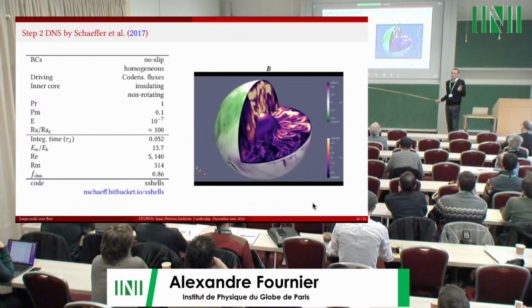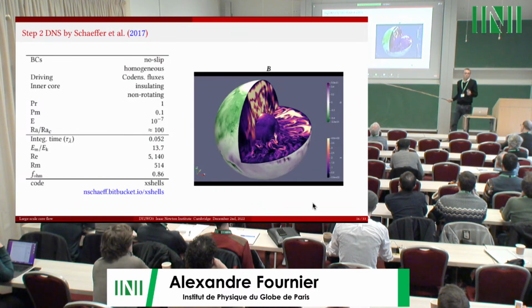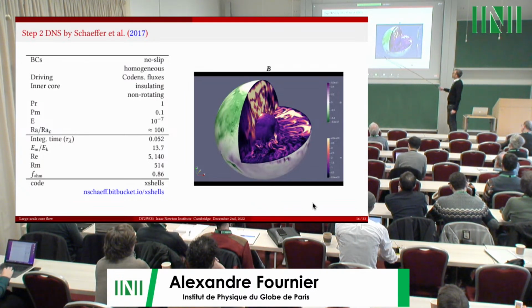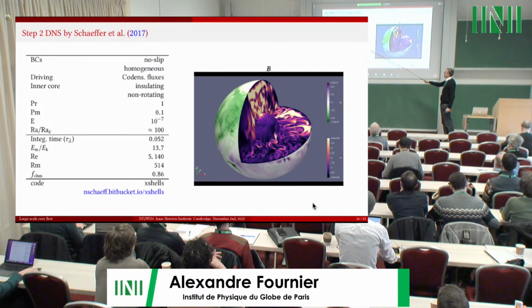So that echoes what Bruce was saying earlier this week about the difficulty or the impossibility to integrate these extreme simulations over long time scales. The ratio of the magnetic to kinetic energy is about 13 on average. It's a turbulent simulation with a Reynolds number of about 5,000.